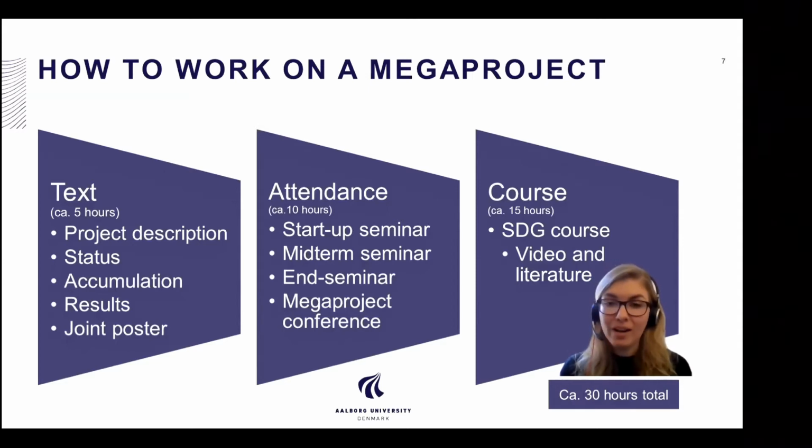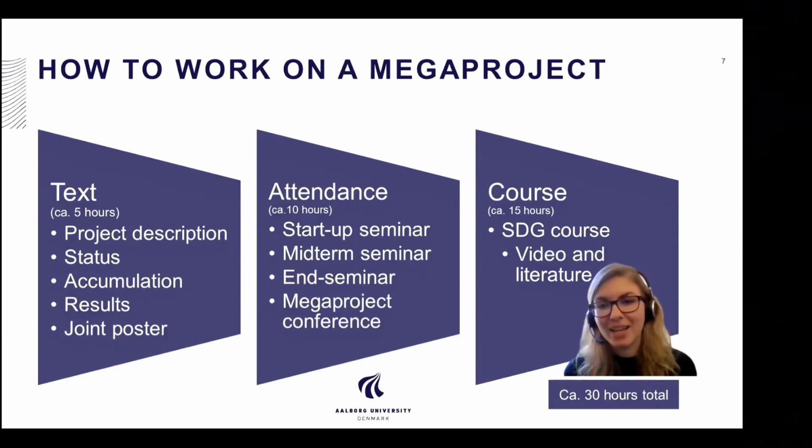And if you have external partners on the challenge or within your project, you will also be able to sketch out the way you will be collaborating. Then when we get a bit further into the semester, you will write a status and meet up at the midterm seminar for this.